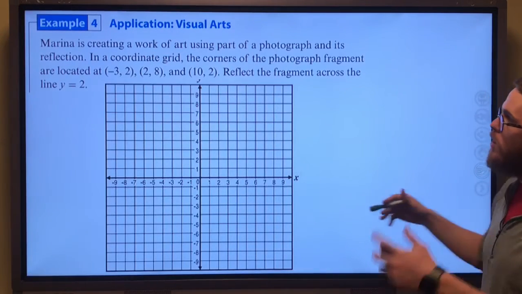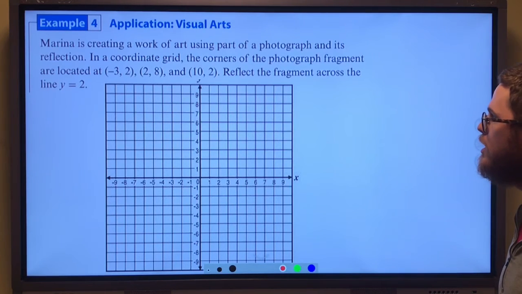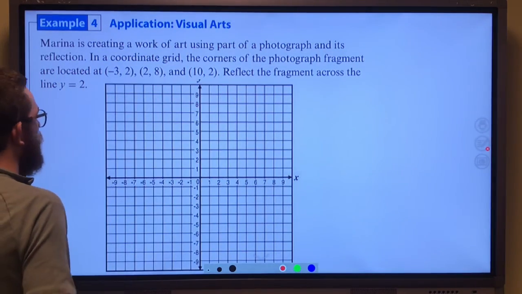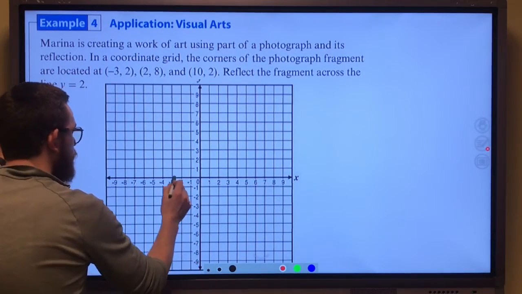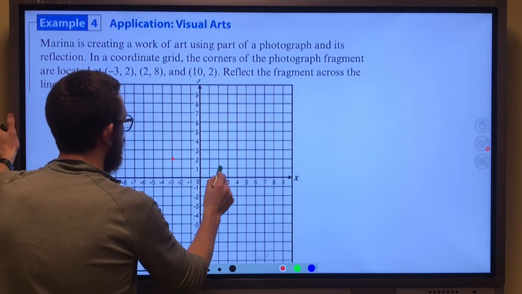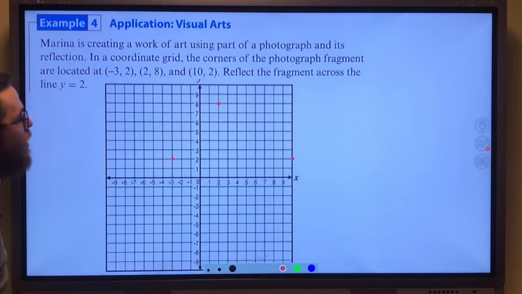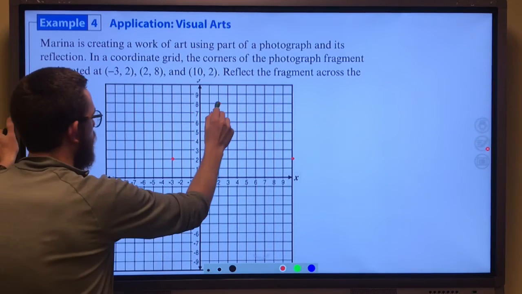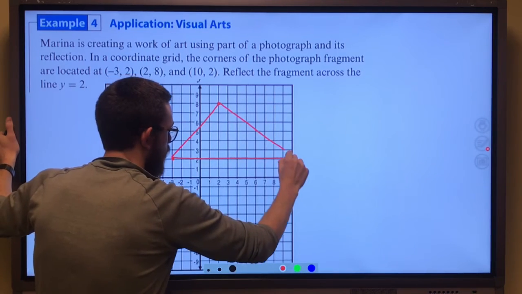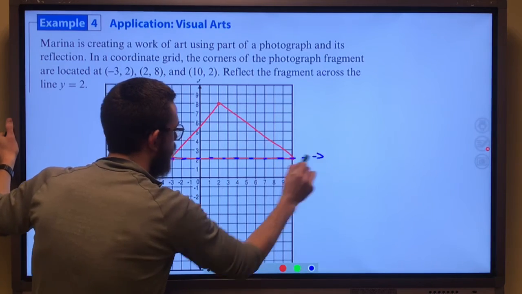Finally here, Marina is creating a work of art using part of a photograph and its reflection in a coordinate plane. The corners of the photograph fragment are located at (-3, 2), at (2, 8), and at (10, 2). We want to reflect this fragment across the line y equals 2.